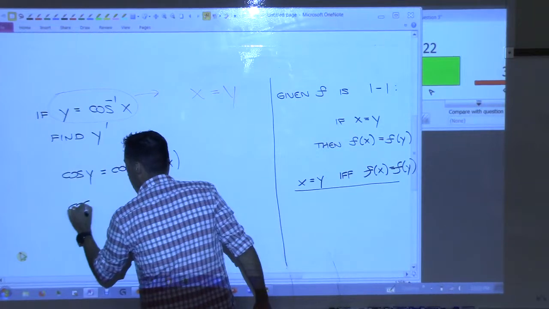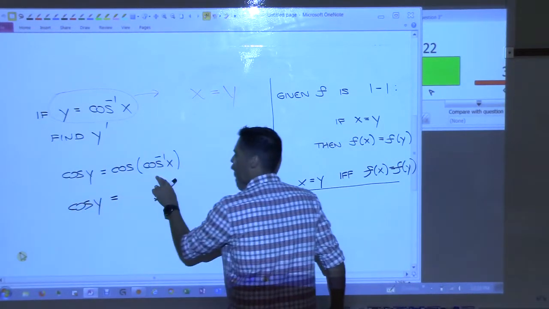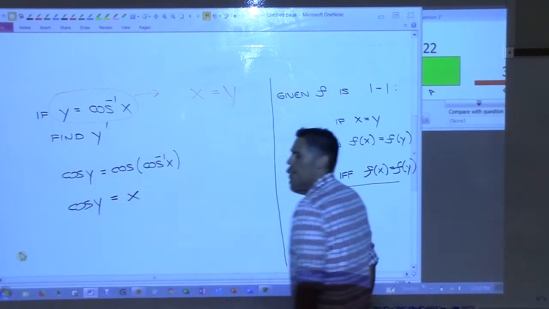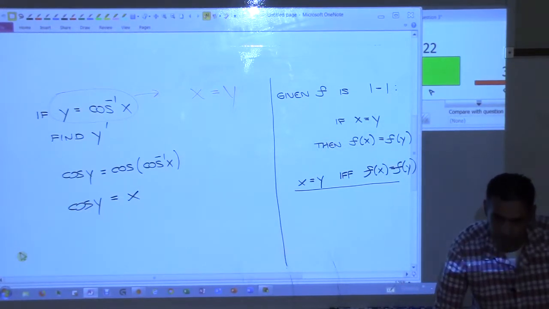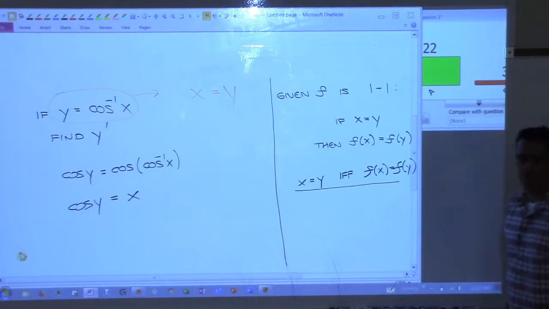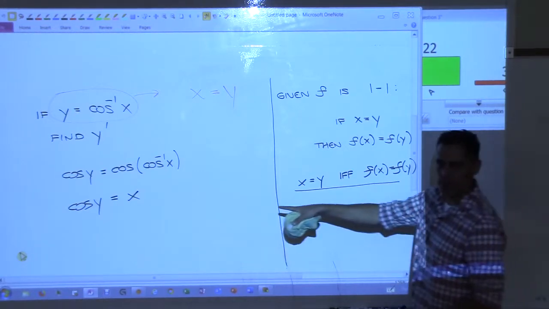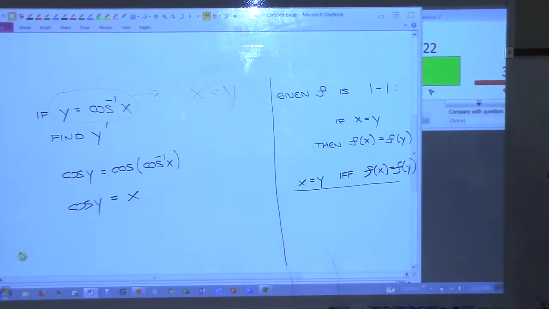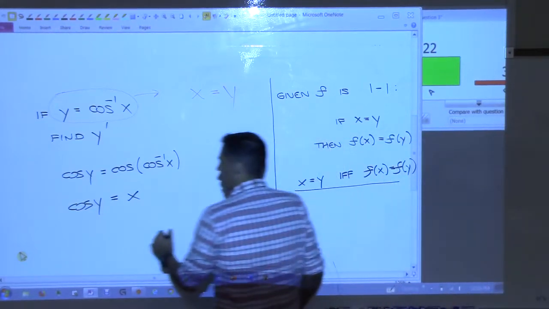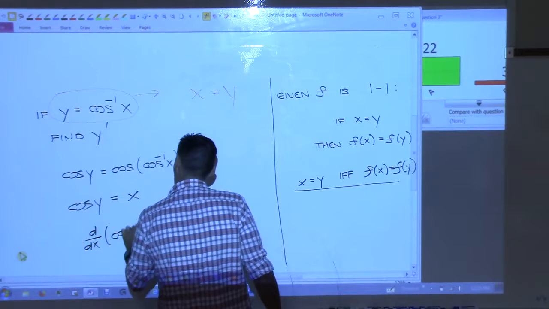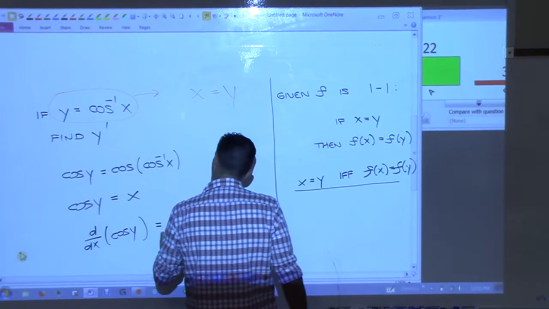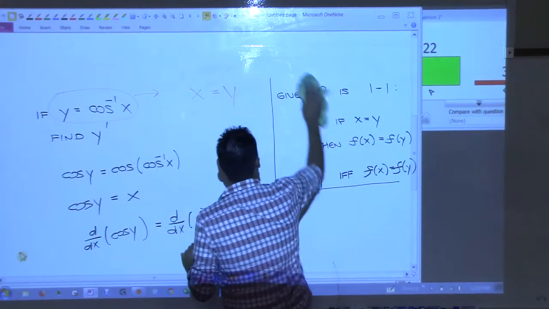Cosine y equals what? X. And then we differentiate implicitly. So Jordan, what happens when I differentiate the left side with respect to x? Okay, so the right side becomes 1. So if I take the derivative with respect to x over here, you said the right side becomes 1.